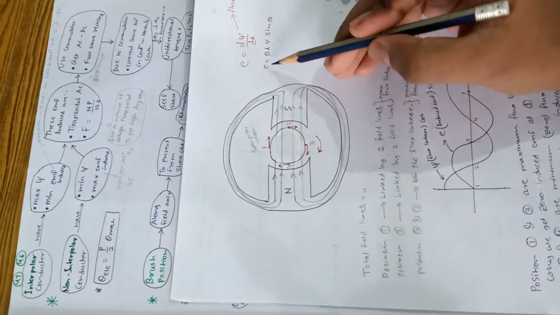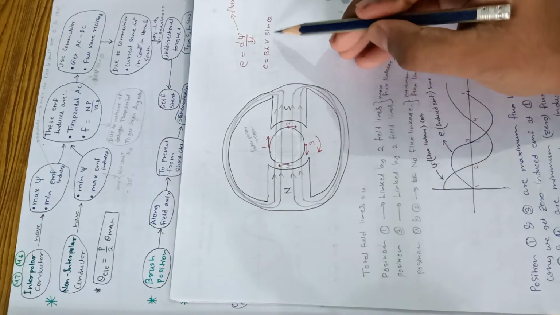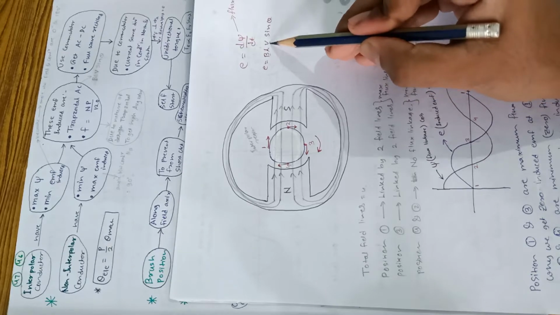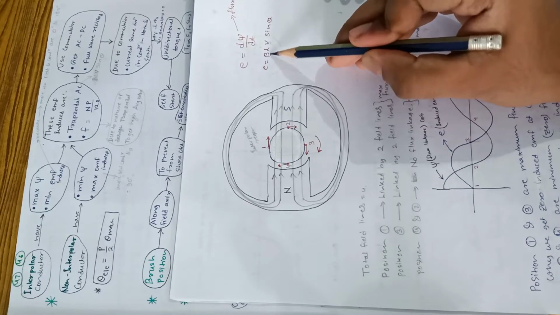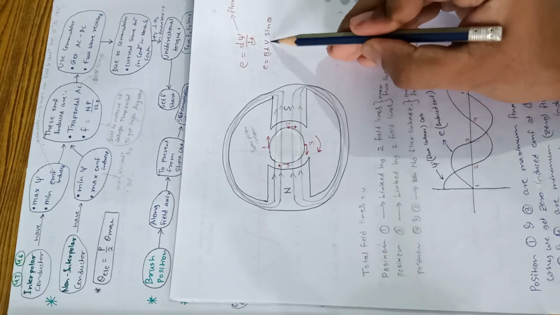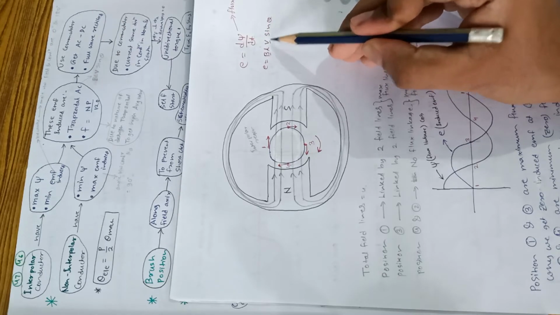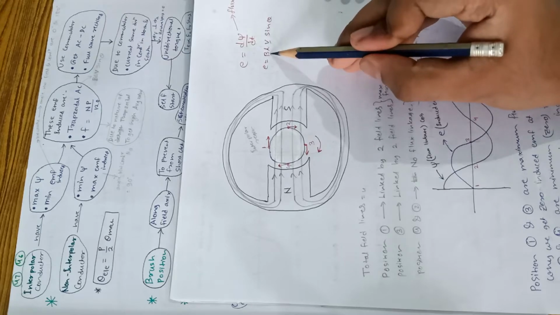We know the formula, induced EMF equals BLV sin theta, and theta is angle between B and V. This is flux density direction, and the velocity of conductor. This is the angle between these two.